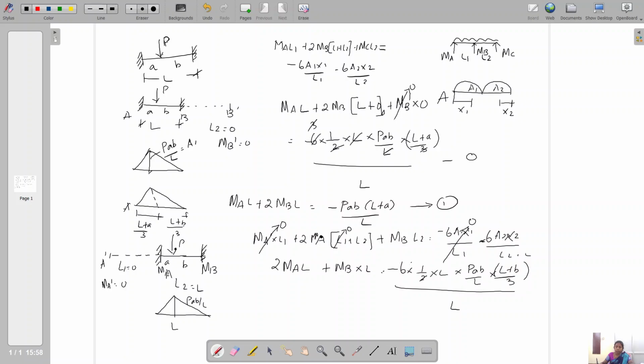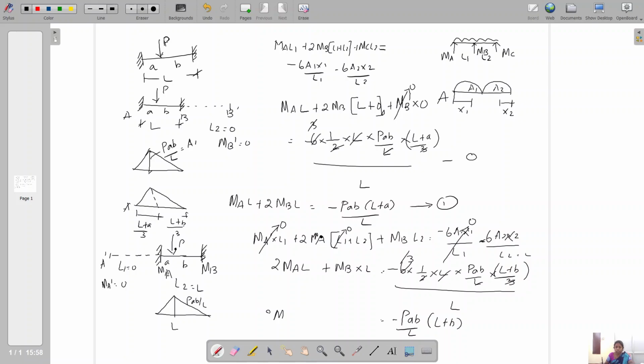So now I'm going to simplify the terms. A similar term we can get like this. The only difference is PAB by L. Here it is L plus B, in this term it is L plus A, here it is L plus B, and also here.